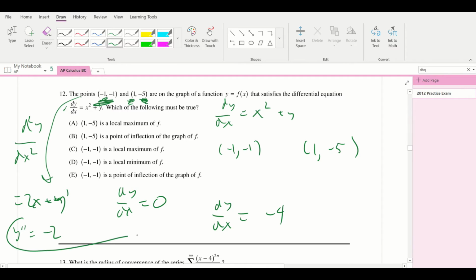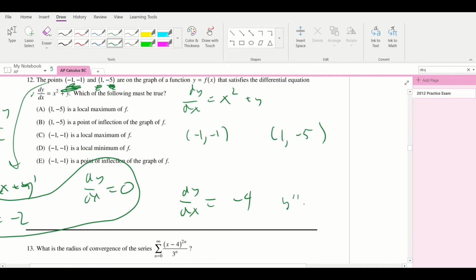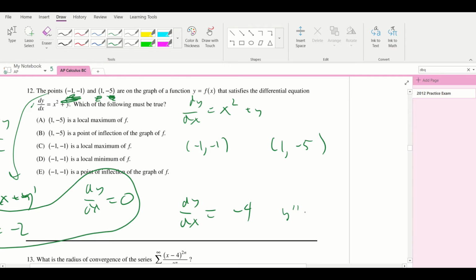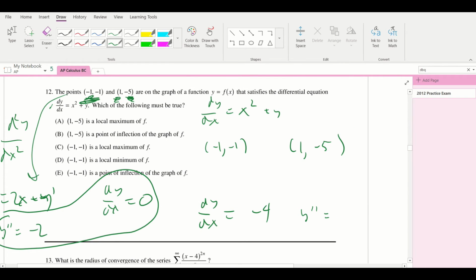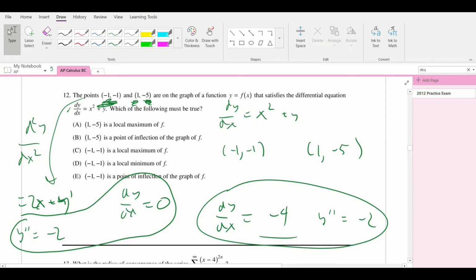So this is one group, and y prime prime when x equals 1 is equal to 2, because you plug in 1 here. So it's 2 minus 4, because that's what y prime is here. So it's -2. Okay, so we can just check now.